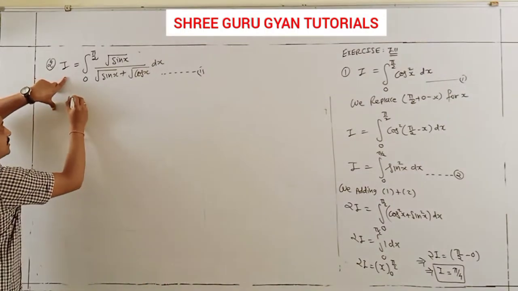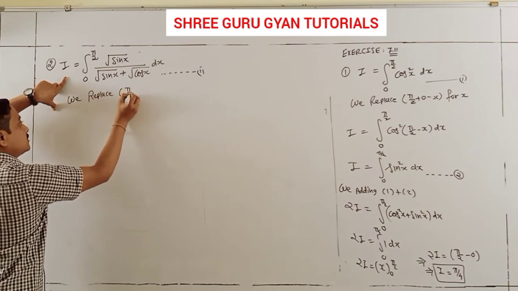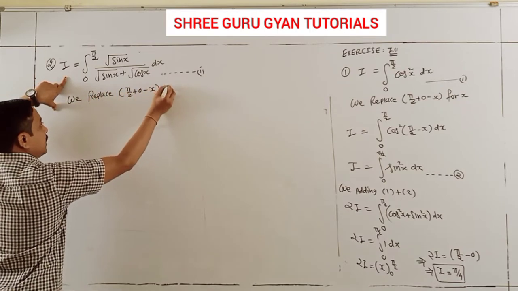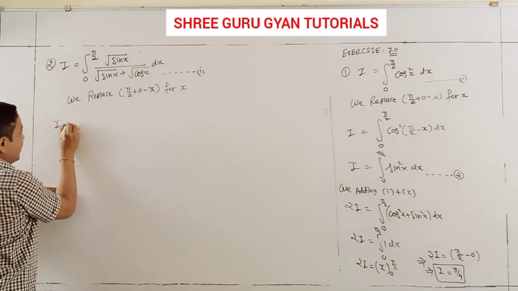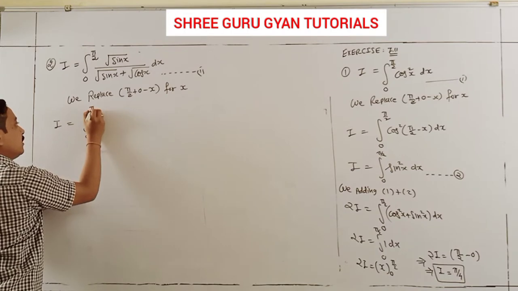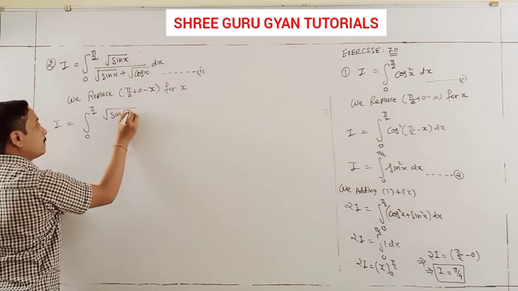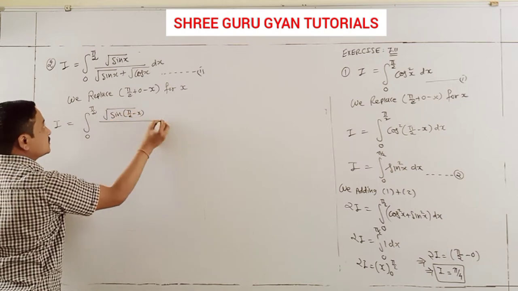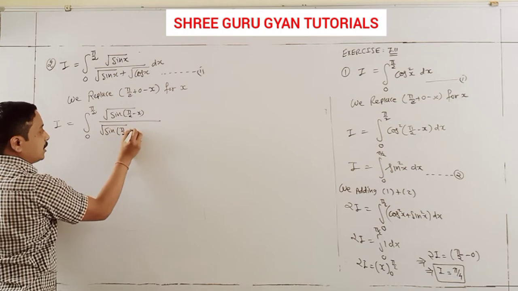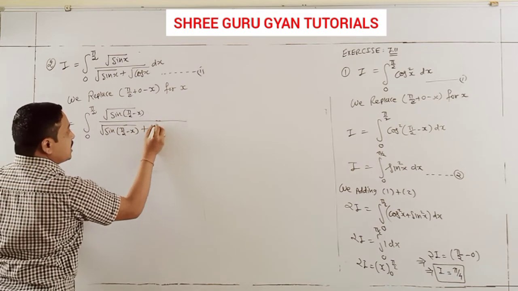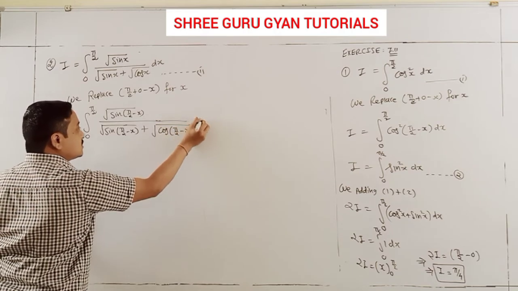We replace x by upper plus lower minus x. So what is your I? 0 to pi by 2. Here I can write sin of 90 minus x, same, sin 90 minus x, and same cos 90 minus x.